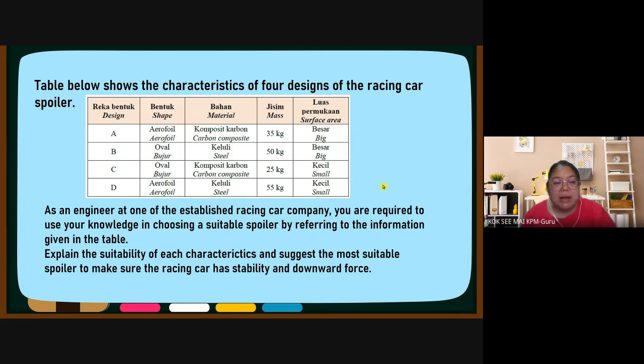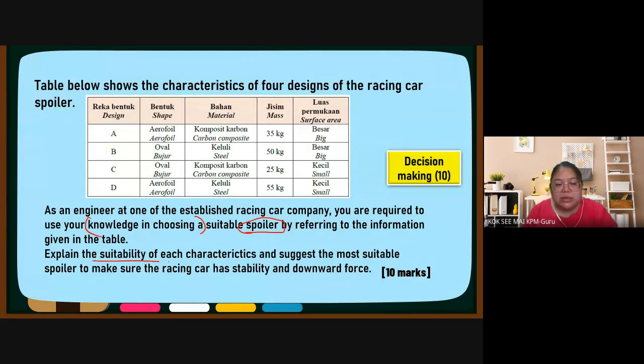How to get the 10 marks? Last, choose. After talking about shape, material, mass and surface area, at last you choose which one you want. So from here, as an engineer for one of the established racing car companies, you are required to use the knowledge, choosing the suitable spoiler by referring to the information given in the table.